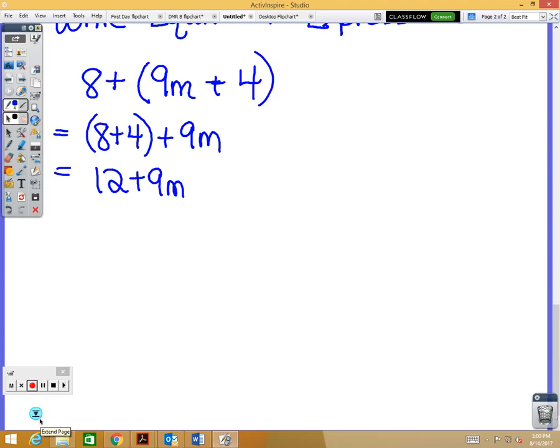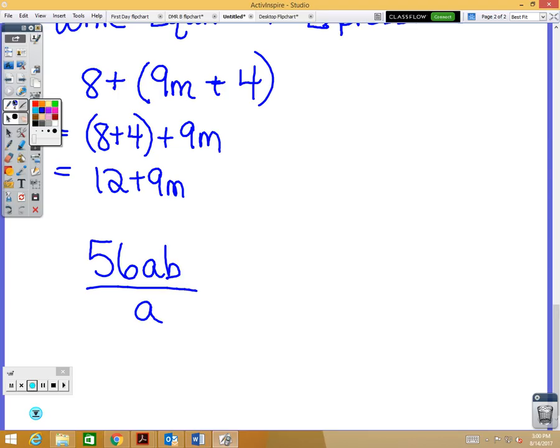All right, so again, you can change the order, you can change the parentheses. I want to do one like this, and then I'll turn you loose. 56ab over a. Do you know how to do a problem like that? Anytime you have something like that, if you have it on the top and the bottom, you can cross it out. So this is just going to be 56b. Yeah, it's really nice.